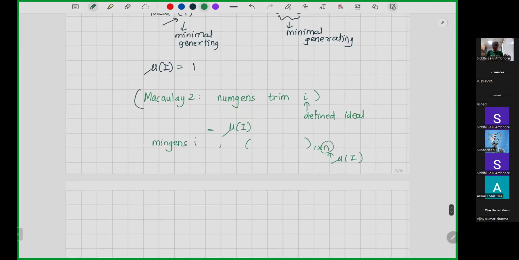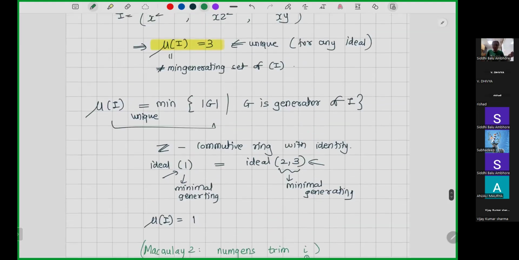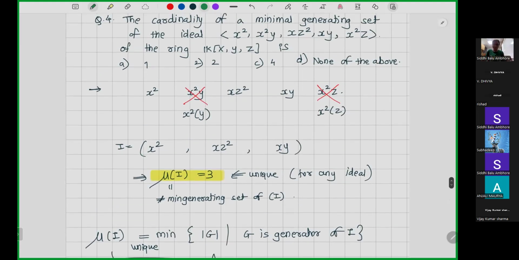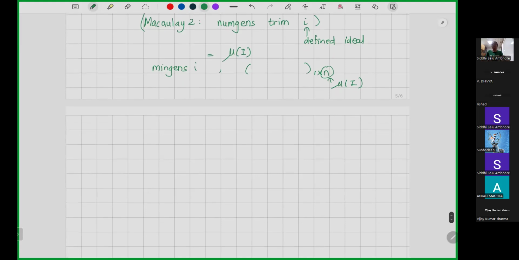As far as I know, there is no direct code, I don't remember right now, to find the number of minimal generators, but this works for now. If I find any other function, I will definitely let you know in the next lecture, or I will add it to the notes in this PDF.